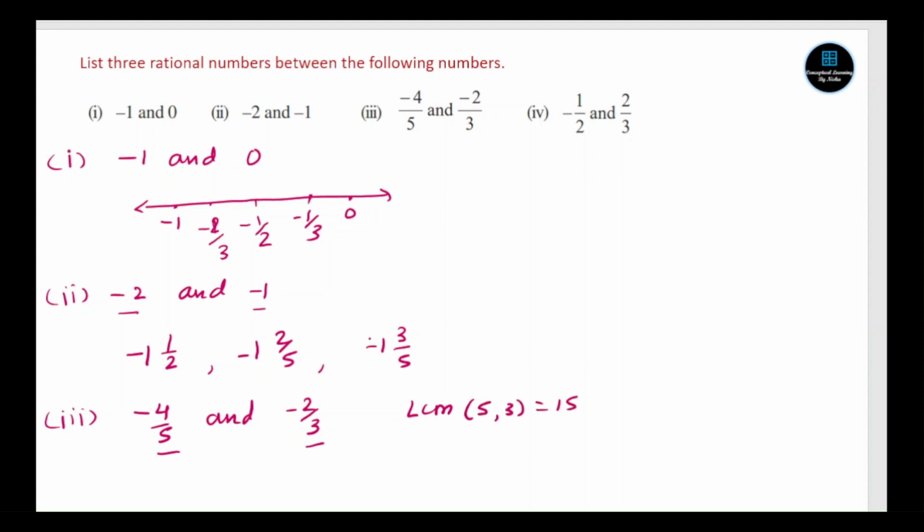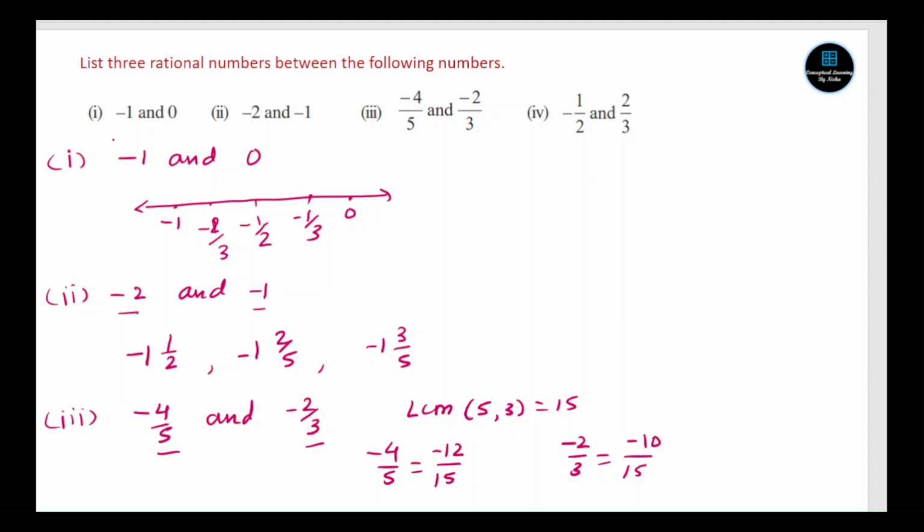So I can write -4/5 with the denominator 15 by multiplying by 3, so here -12. And the second one, -2/3, I can write with 15 by multiplying by 5, and I'll get -10.